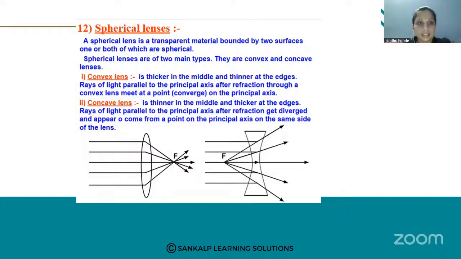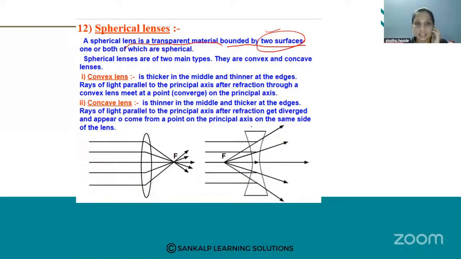A spherical lens is a transparent material bounded by two surfaces. What is the difference between the mirror and lens? In mirrors, it bends only one surface, but in a lens, it bends in two surfaces.